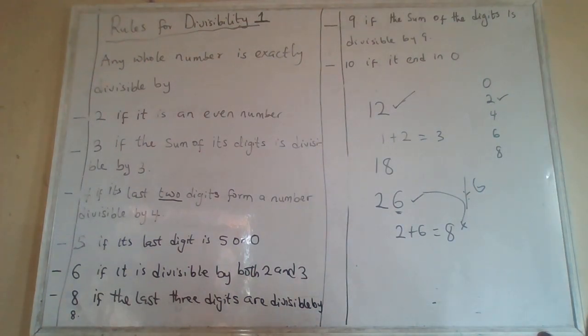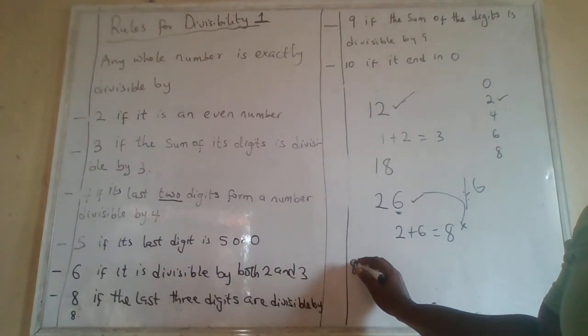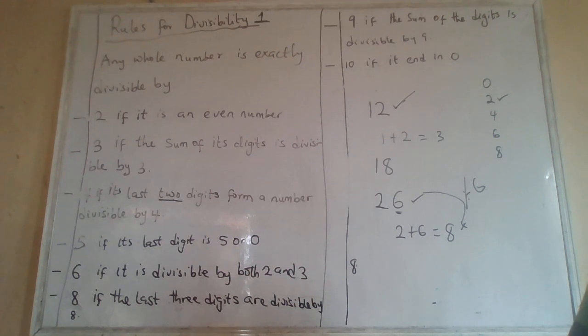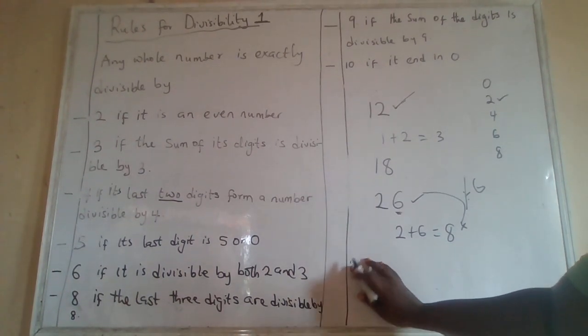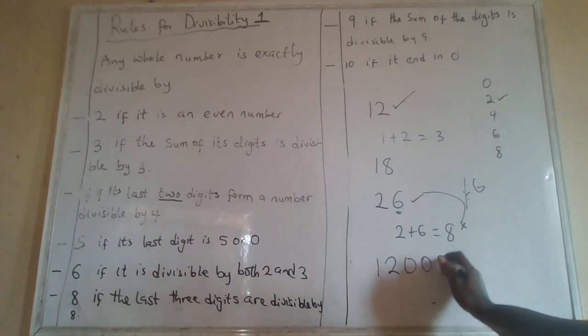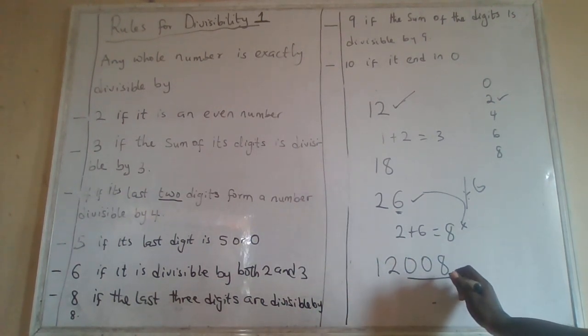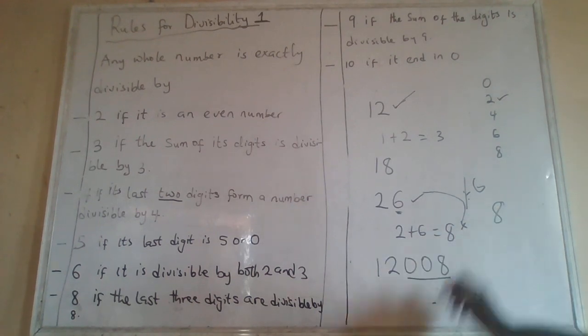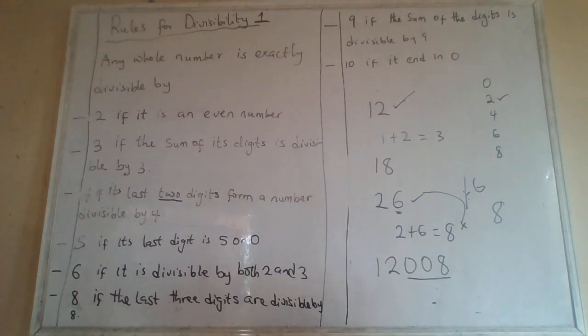But moving on to 8, we say that a number is exactly divisible by 8 if the last 3 digits are divisible by 8. For example, if I have 12008, observe these last 3 digits to be 008, and hence it can be divided by 8.